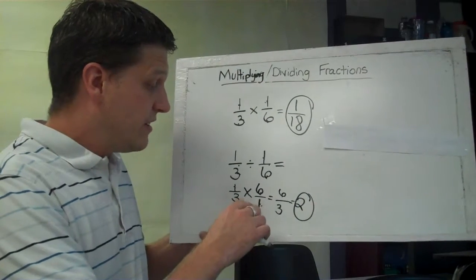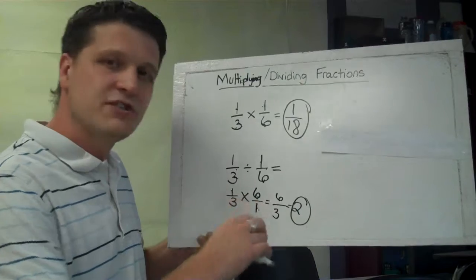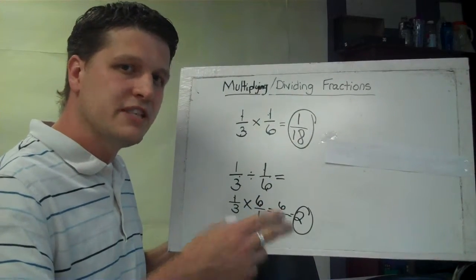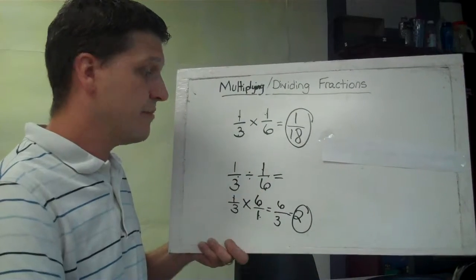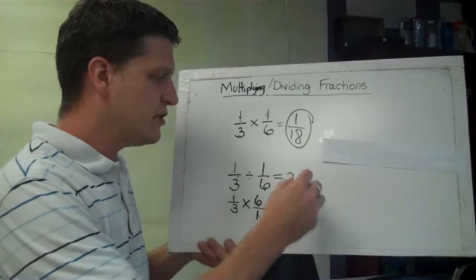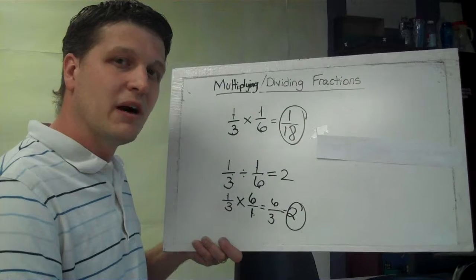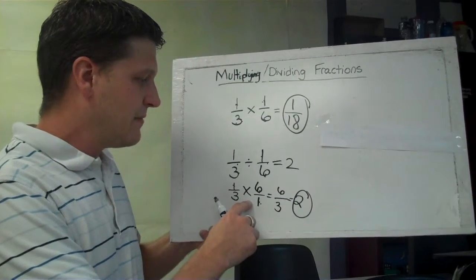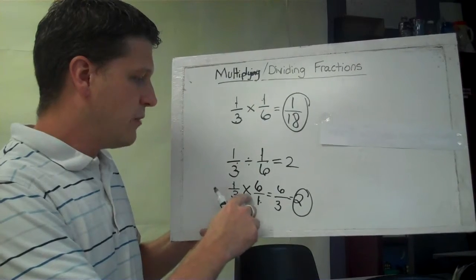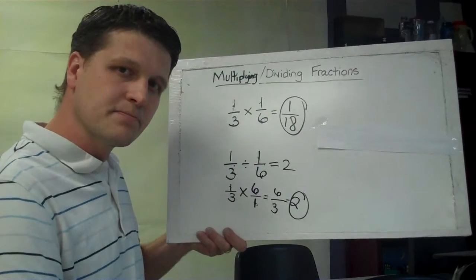But if we just flip the reciprocal and multiply it times 6, it's the same thing. With dividing 1/3 by 1/6, we're still going to get 2, but we don't have to worry about the decimal placement and the messy math. It's the same thing as if we were to multiply 1/3 times 6.